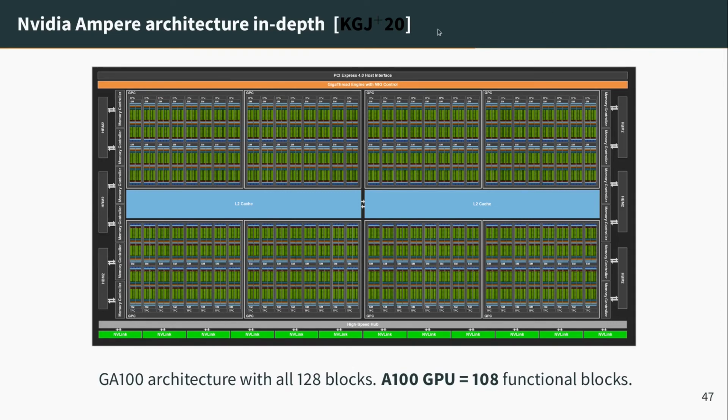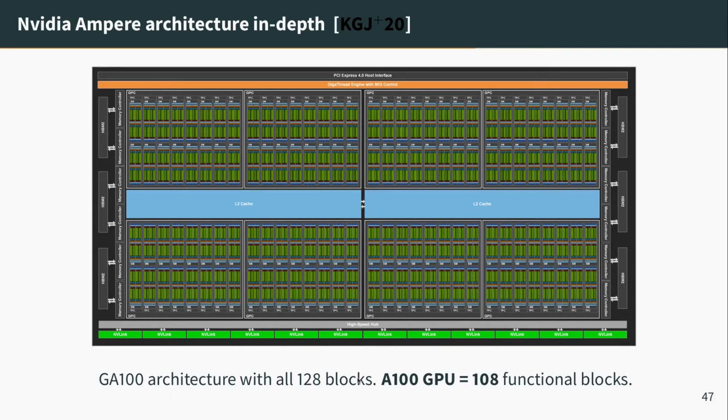There's a blog post by NVIDIA researchers where they really dive into those diagrams and explain everything that there is to understand as a user. Here is a diagram for the GA100 architecture where you have 128 blocks fully working. And as I told you, in practice, typically you do not buy a perfect GA100.